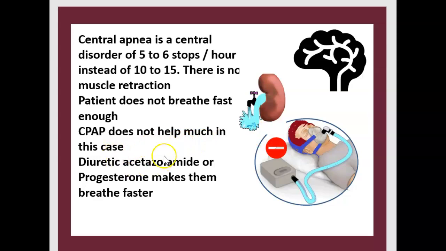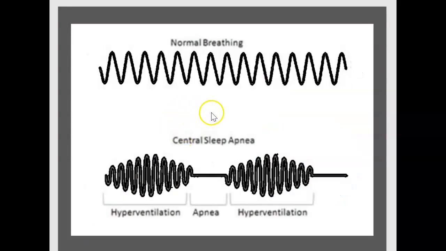What do we use? Diuretic, acetazolamide, or progesterone. They make the patient breathe faster. This diagram is to show the difference between normal breathing and central sleep apnea.